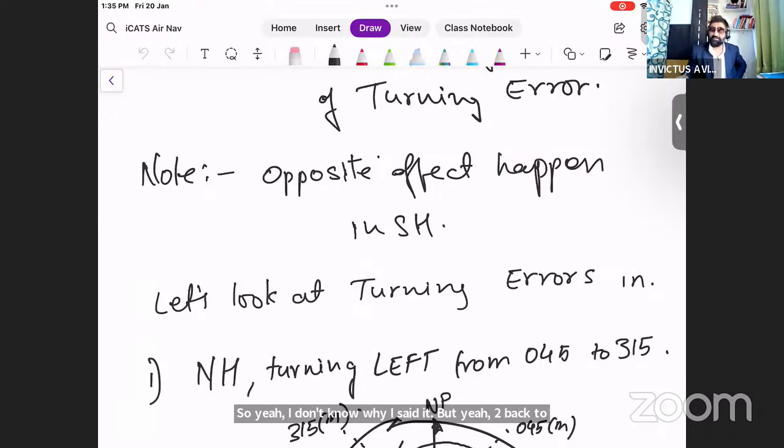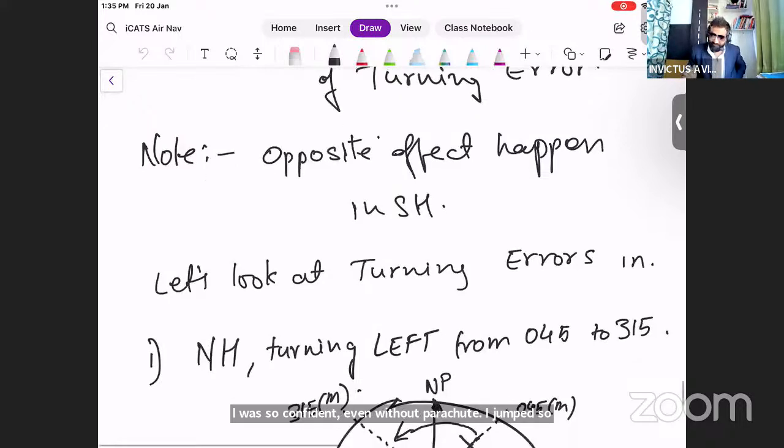Yesterday's one was very scary. In the other one, which should have been scary, I was so confident. Even without a parachute, I jumped and I survived. But it was all realistic. All laws, principles, everything was realistic. Nothing was fake, is what I'm trying to say.